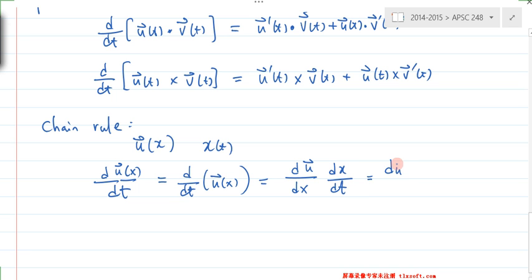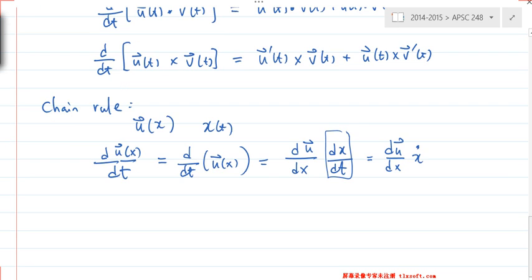To simplify the writing a little bit, we sometimes use this notation to represent dx over dt. This notation, x dot, I remember is called Newton's notation. It's usually applied to a function of t, a time function.